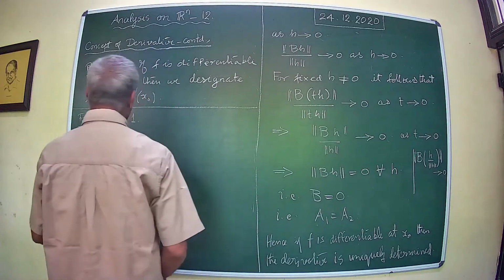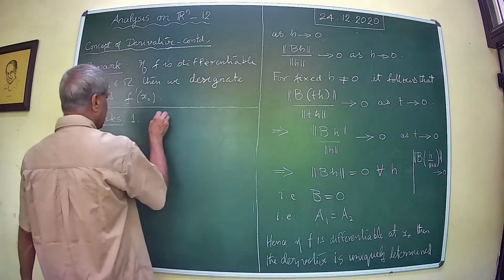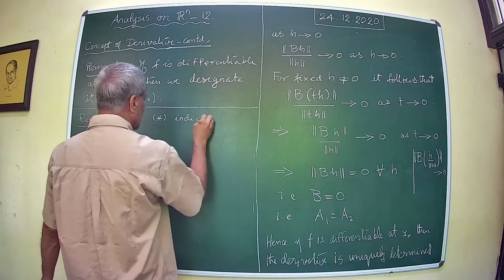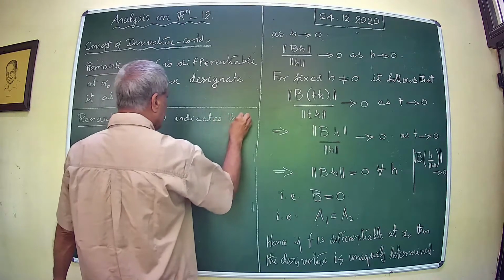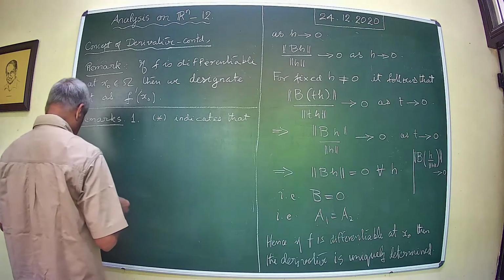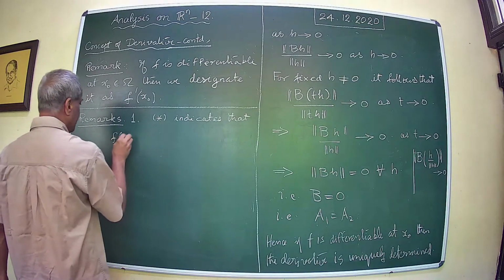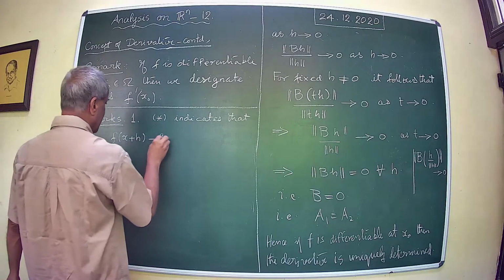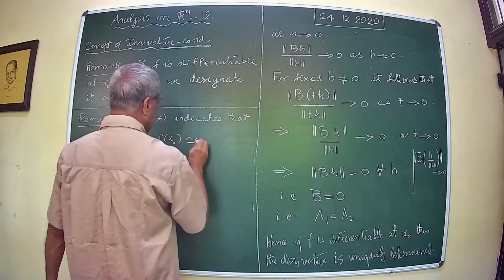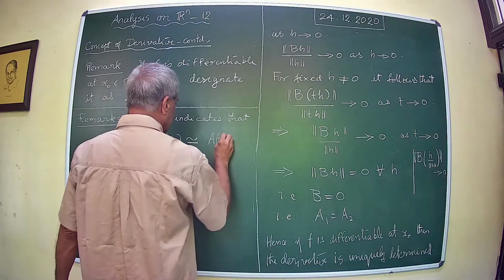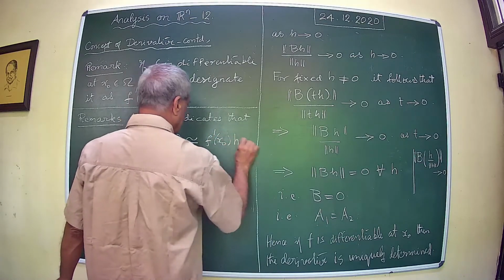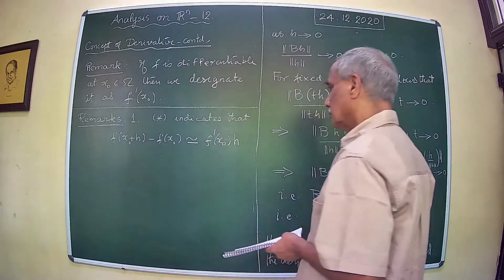The first remark is this, that our expression star indicates that f of x naught plus h is approximately f of x naught plus f derivative of x naught times h.